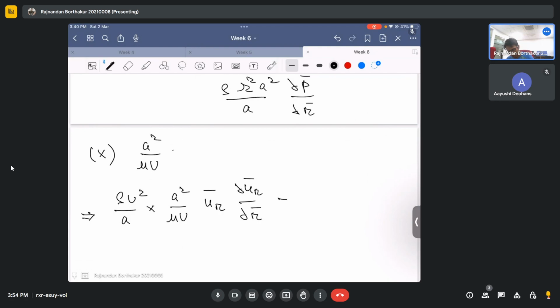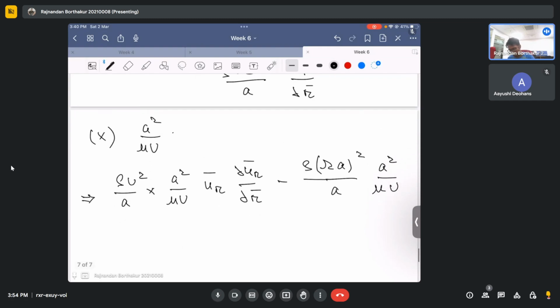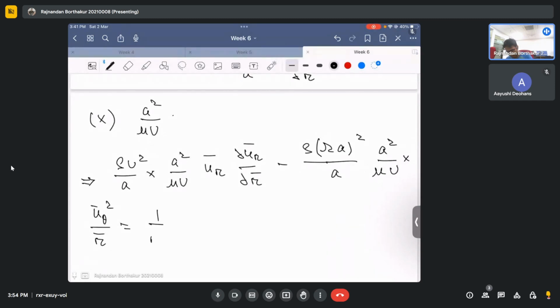Minus the second term, which is rho omega a whole squared by a times a squared by mu u, multiplied by u theta bar squared by r bar, and the terms on the right hand side. So the viscous term would be just like this. It is 1 by r bar del r bar of r bar times del u bar by del r bar.